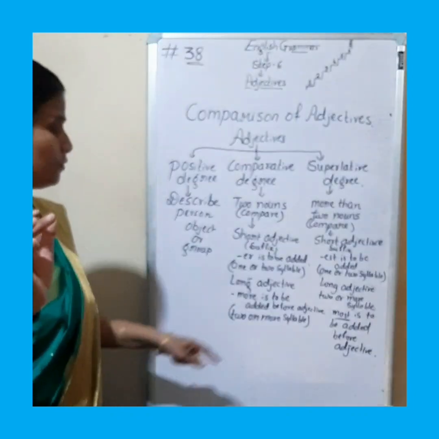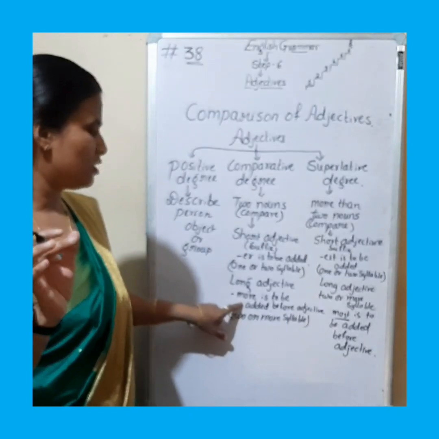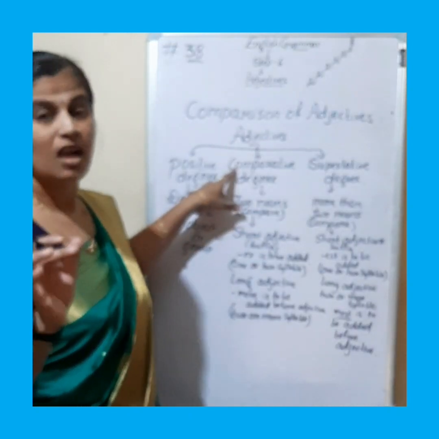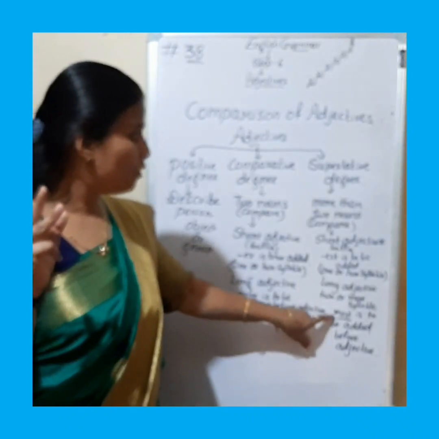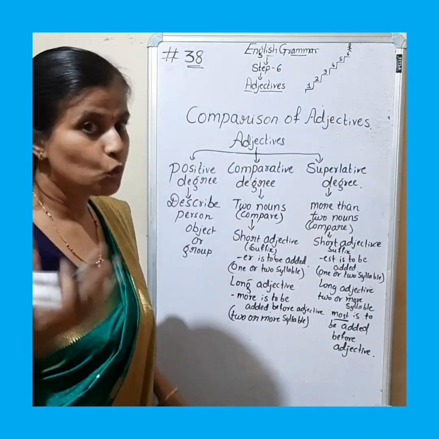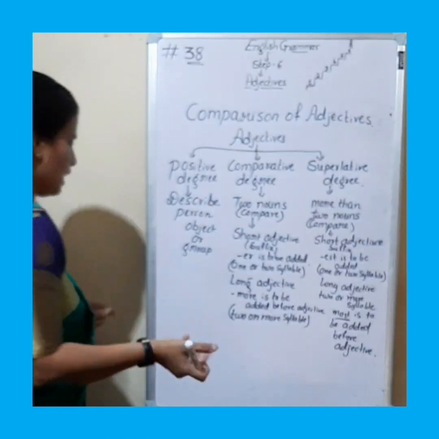So more is added when you are comparing only two nouns. Most is added when you are comparing more than two nouns.